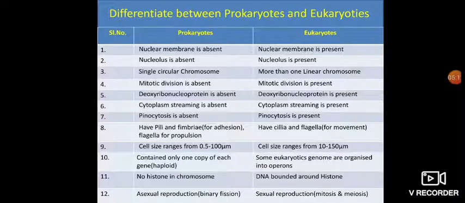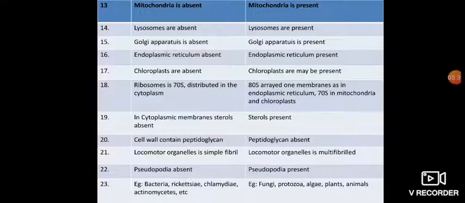The size of a prokaryotic cell is 0.5 to 100 micrometers, and a eukaryotic cell is 10 to 150 micrometers. Next, there is no histone in the prokaryotic chromosome, while eukaryotic DNA is bound around histone. These are the points which are considered, as well as a few other differentiating points.